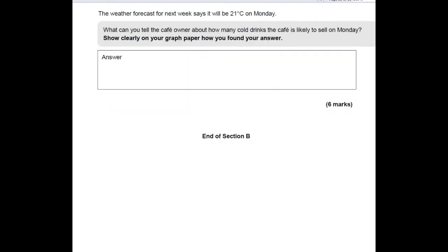The last part of the question at the bottom of the page states that the weather forecast for the next week says it will be 21 degrees C on Monday. What can you tell the cafe owner about how many drinks the cafe is likely to sell on the Monday? Show clearly on your graph paper how you found your answer.